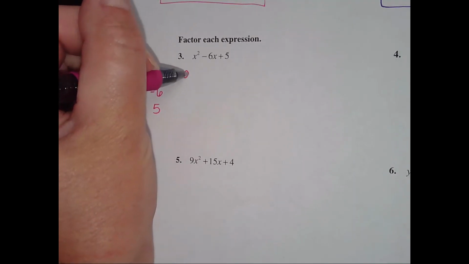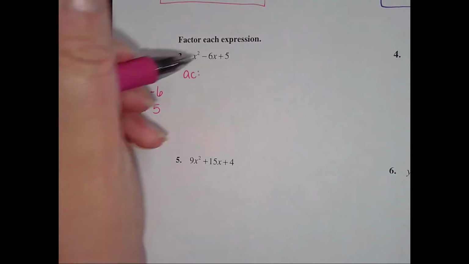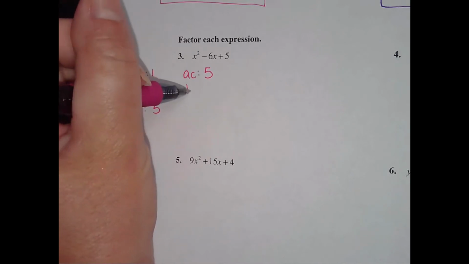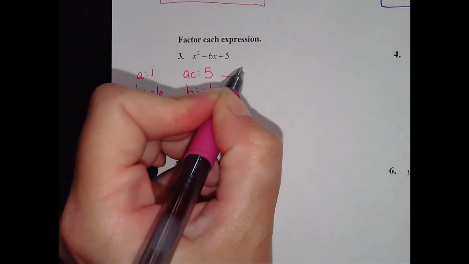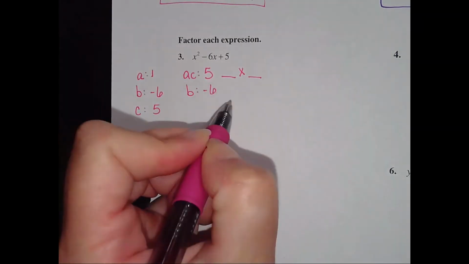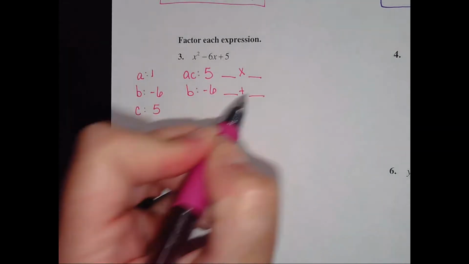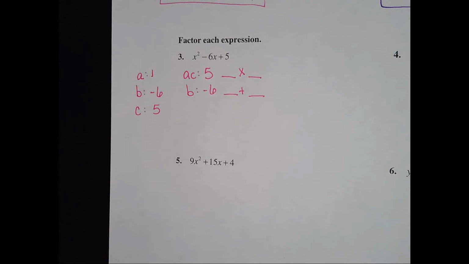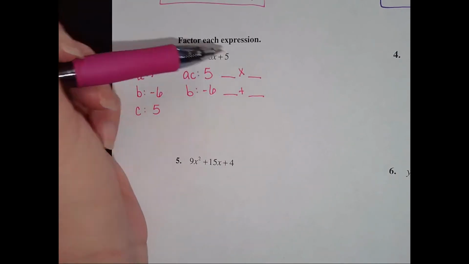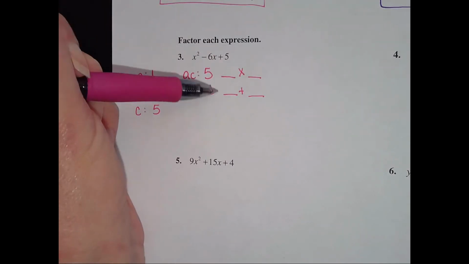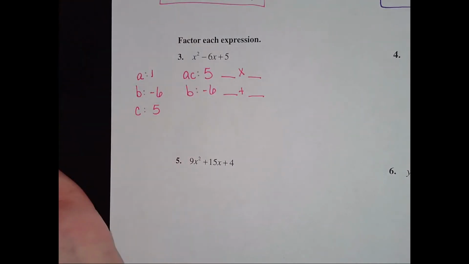So then you do A times C, 1 times 5 is 5, and then B is negative 6. So now you have to think of 2 numbers that multiply to get 5, and those same 2 numbers have to add to get negative 6. Because this is a positive 5, it could be 2 positives or it could be 2 negatives. The fact that this is a negative 6 lets you know that it's going to be 2 negatives.